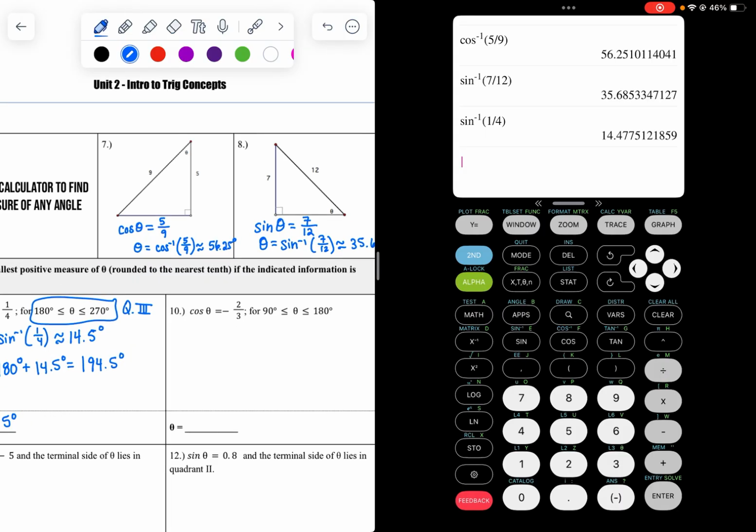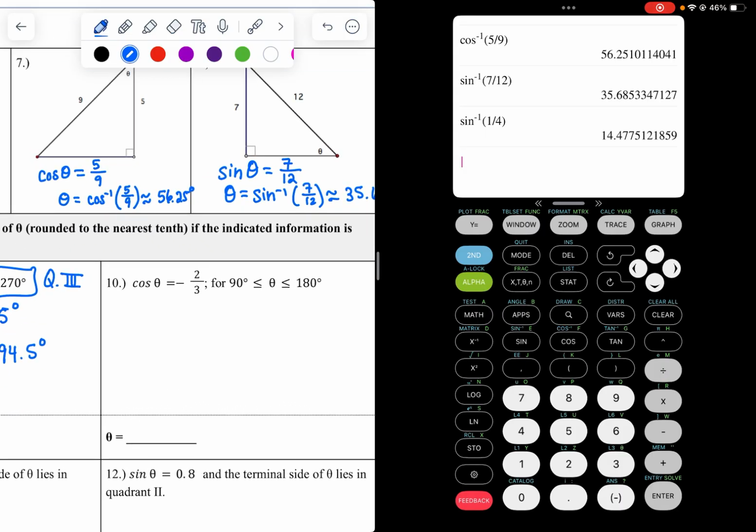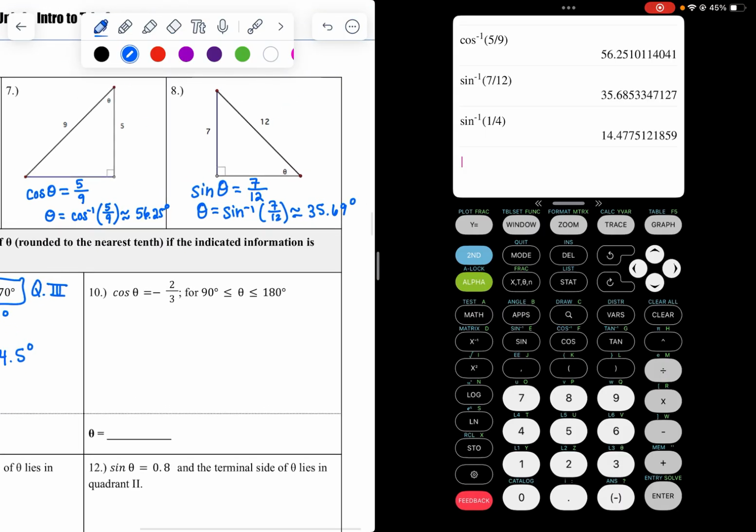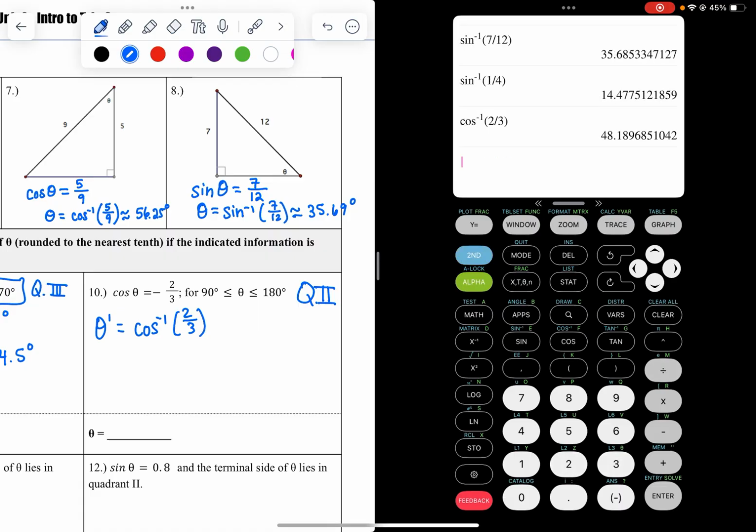All right, number 10, we've got the cosine of theta equals -2/3 for theta between 90 degrees and 180, which tells us that we are in quadrant 2. And so that's why our cosine is negative. And so to find theta prime, we will do the inverse cosine of +2/3. So we'll hit second cosine, 2 divided by 3, and we get approximately 48.2 degrees when rounded to the tenths place.